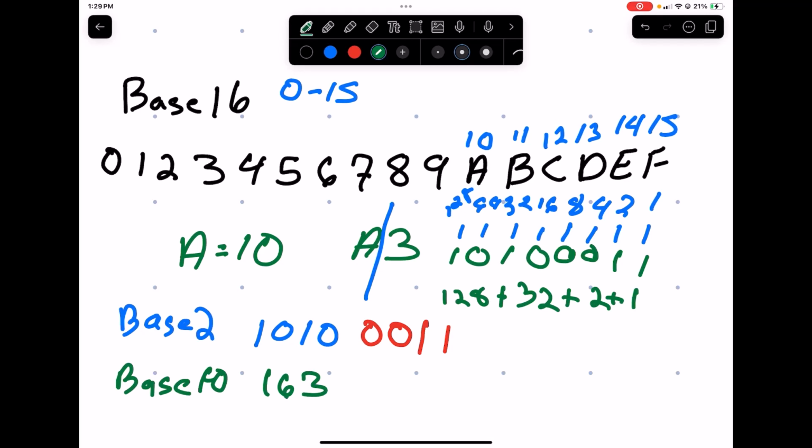So that's how we would take a number from hexadecimal, like A3, and convert that to binary, and then from binary to base 10. It's the easiest way to do it. Again, in real life, we would just use a scientific calculator to figure this stuff out, but if we're going to be taking some certifications, things like that, it's good to know it that way.